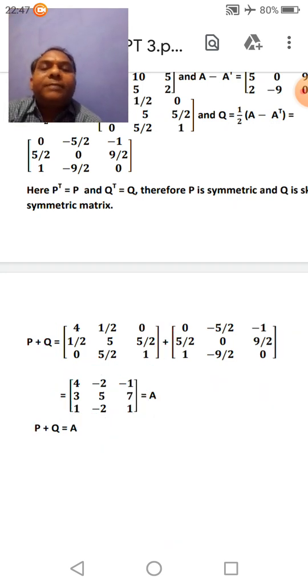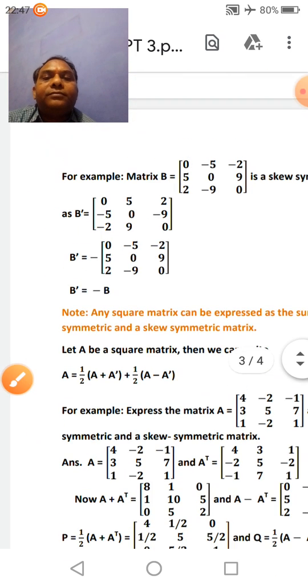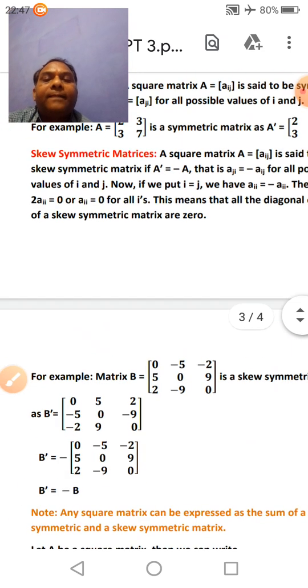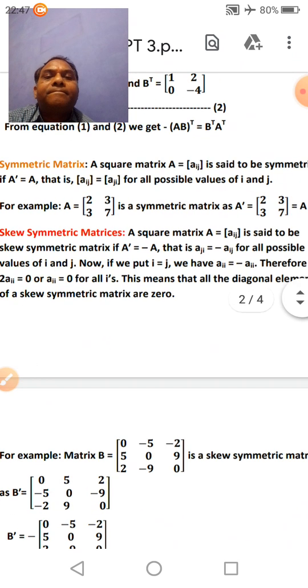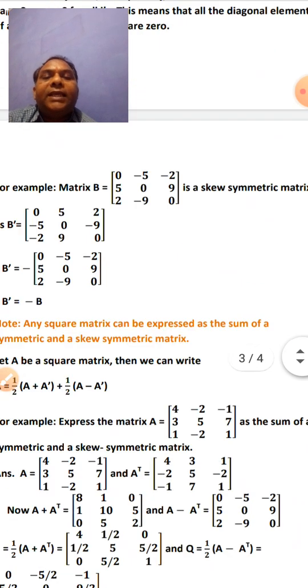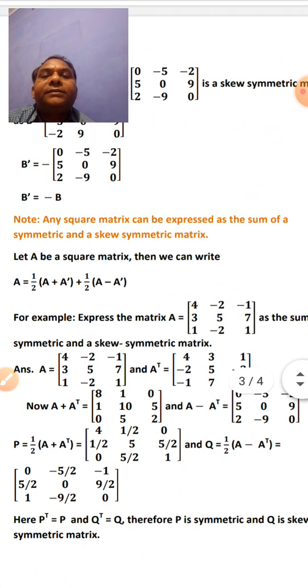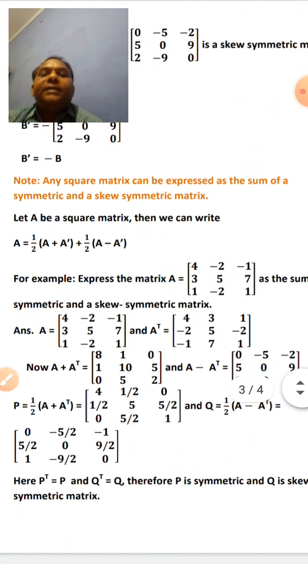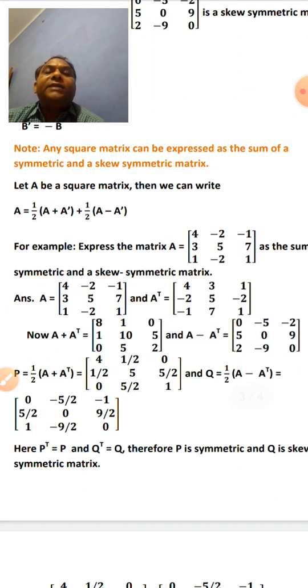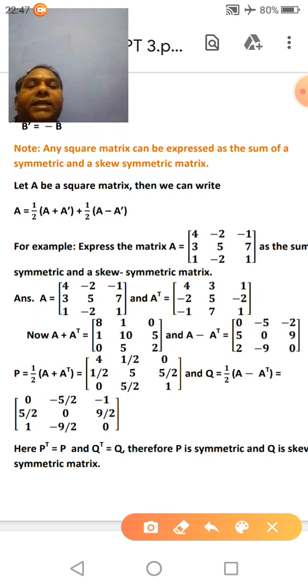You have to remember that A plus A dash will be a symmetric matrix and A minus A dash will be a skew symmetric matrix, and also half of A plus A dash will be symmetric and half of A minus A dash will be a skew symmetric matrix.